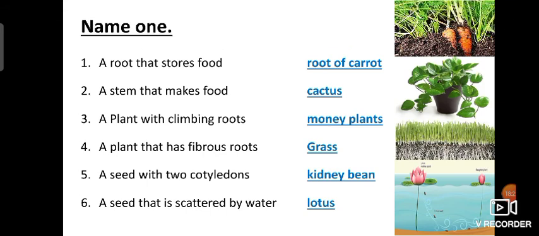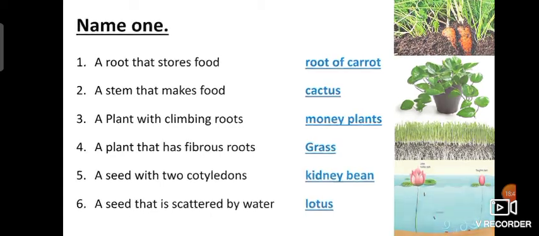Next, a seed with two cotyledons, kidney beans. Next, a seed that is scattered by water is lotus. See the seeds are falling down in the picture, and from that seed a new lotus is growing.